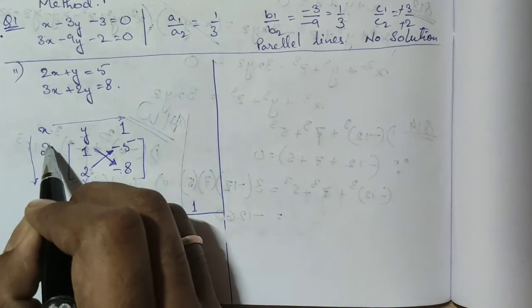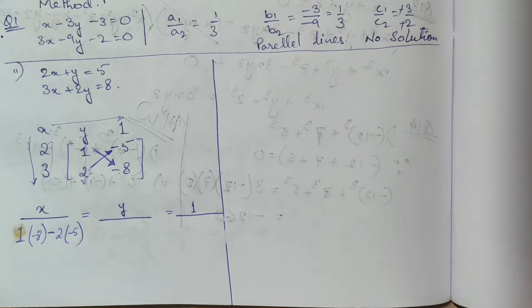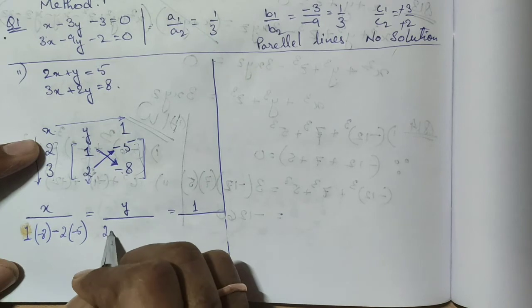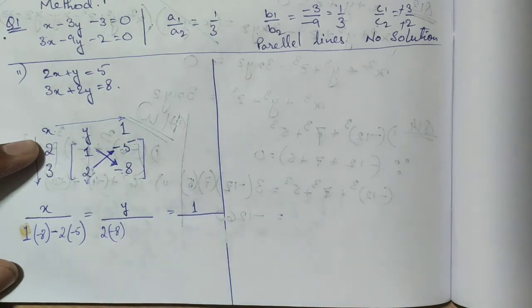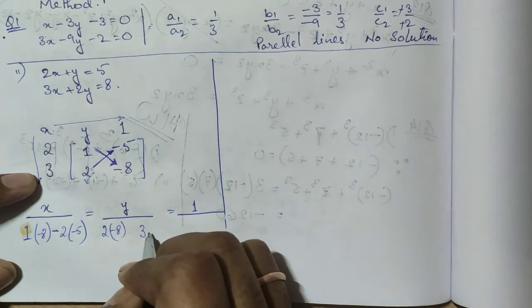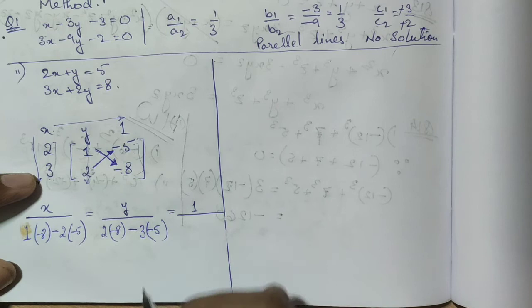So we will be considering these two numbers and these two numbers. Now we will apply the same strategy as we applied for the denominator of x. We will multiply this with this, and then we will multiply 3 with -5, and we will subtract this.